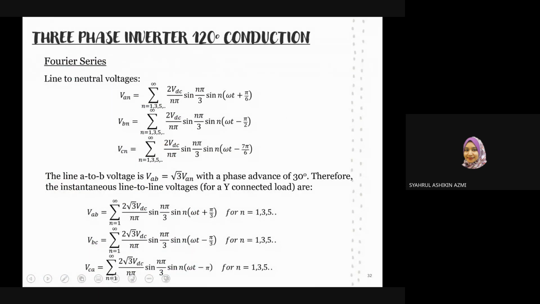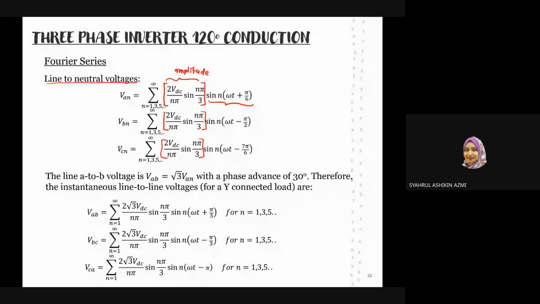Okay, now we go for the equation with regards to the inverter. In terms of the equation for the inverter, it will involve the Fourier series expansion, where this is the line phase voltage for a three-phase inverter with 120 conduction. If you're asked to calculate the amplitude, this is the amplitude for the phase voltage VAN, VBN, or VCN, which is 2 VDC over n pi multiplied by sine n pi over 3.